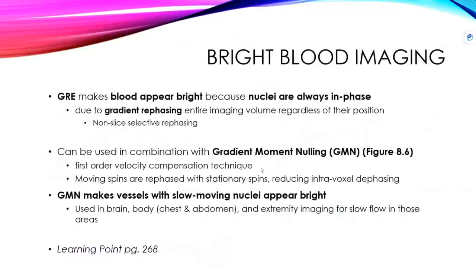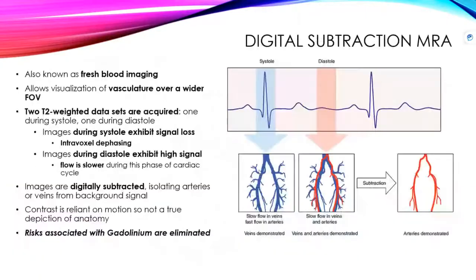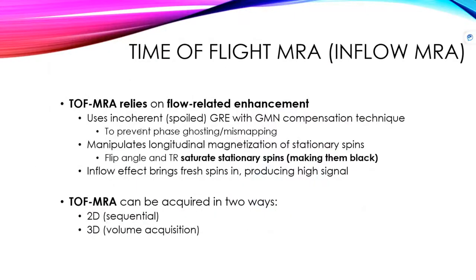Okay, so we use incoherent or spoiled gradient echo with gradient moment nulling compensation technique. That compensation technique is going to prevent the phase ghosting mismapping because it's going to kind of put everything back in phase.